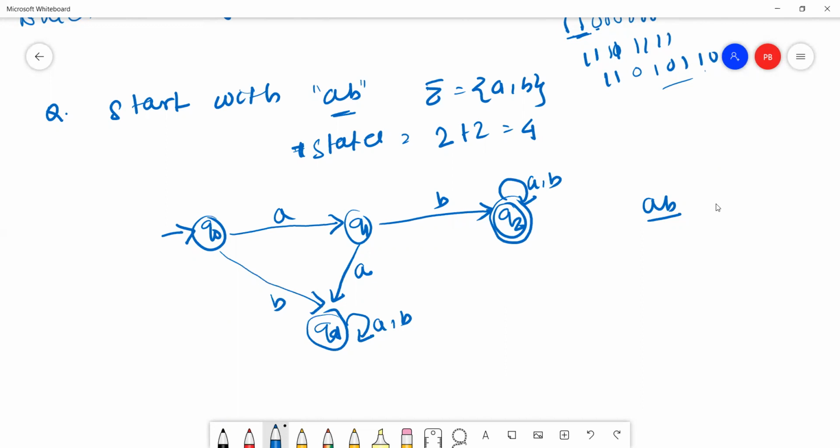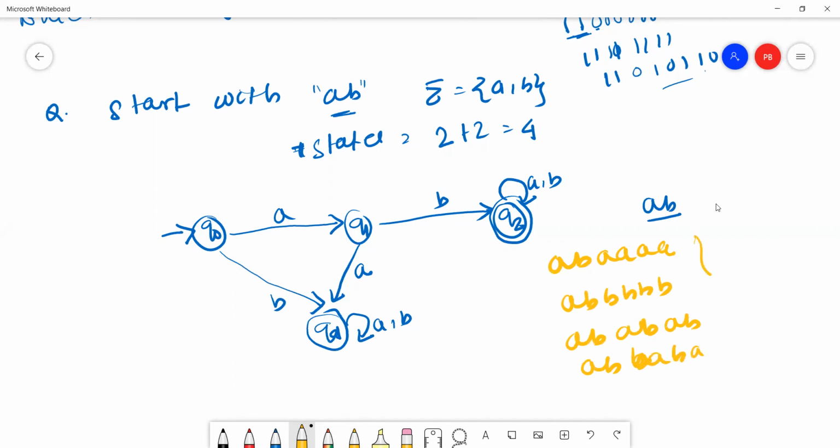Any number of A's can come here, any number of B's can come here, or any combination like AB, BA can come here. Hope all of you understand.